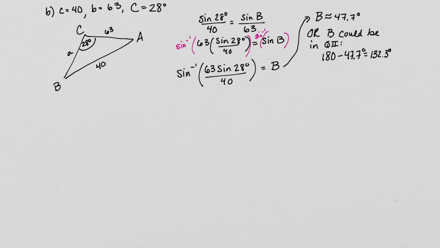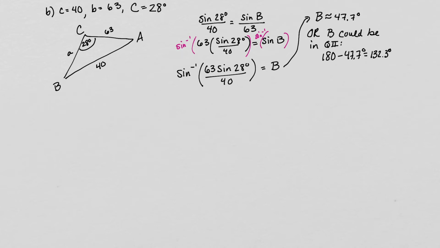Quadrant 1 and quadrant 2 mirror each other: the values of sine in quadrant 1 and quadrant 2 are the same. Quadrant 3 and quadrant 4 are the same in terms of sine. So when we're doing the inverse function, we restrict to just quadrants 1 and 4.